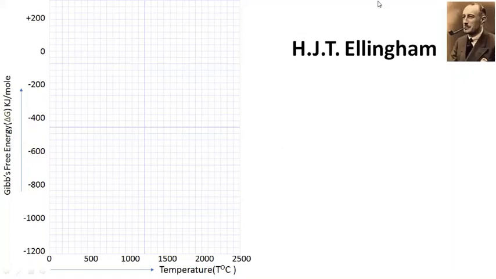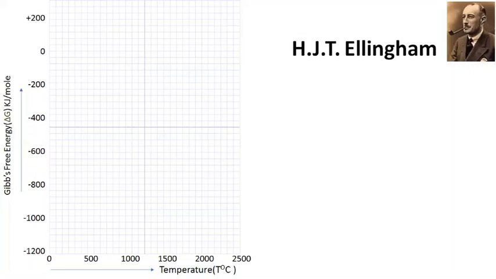Ellingham is a scientist who explained the selection of a suitable reducing agent for a metal oxide. For that, he plotted graphs between delta G, that is Gibbs free energy, and temperature. As we had seen in our earlier classes, in a natural process, when a metal is converted into a metal oxide by reacting with oxygen, it is an exothermic process and the entropy decreases.